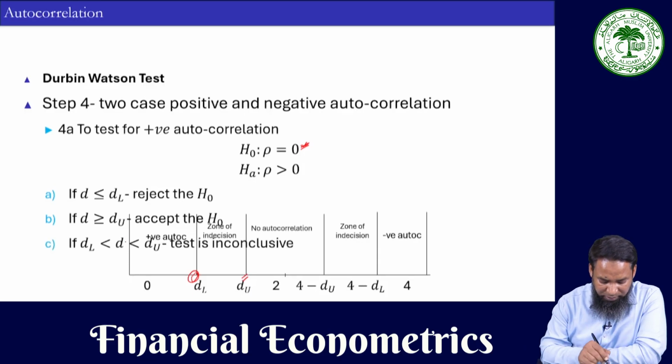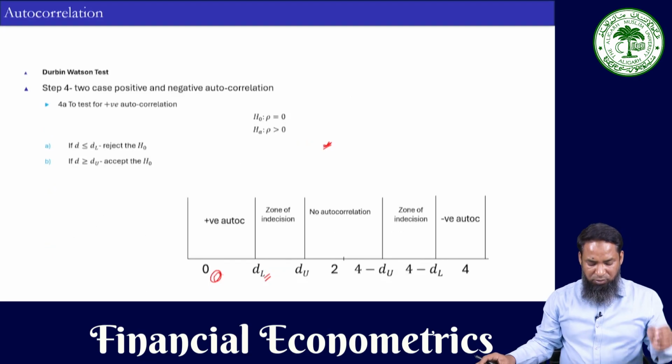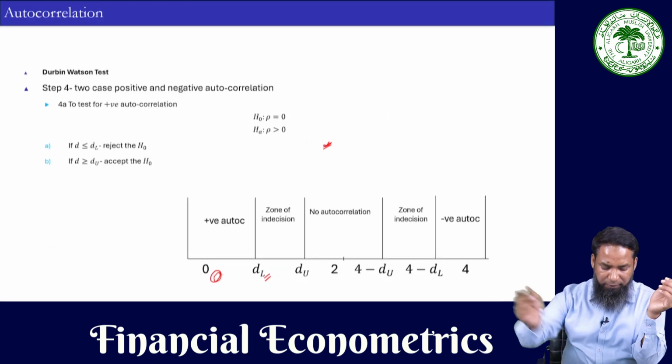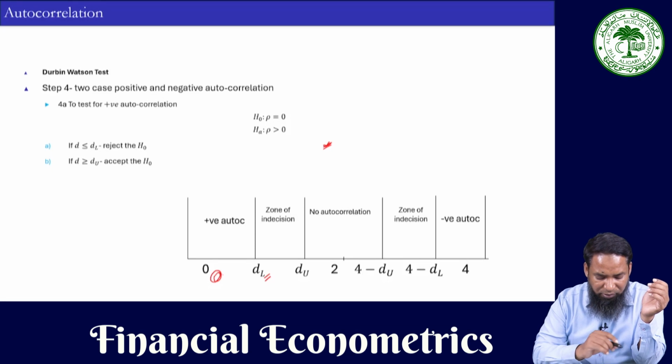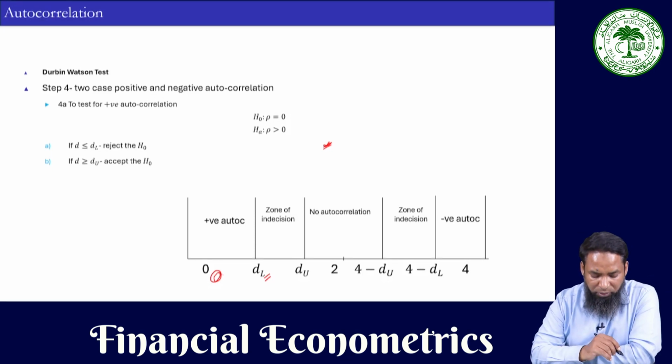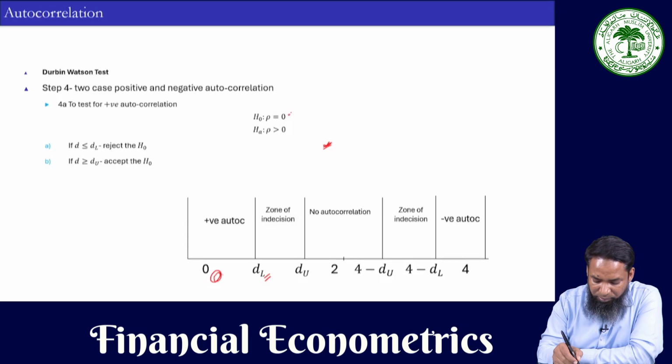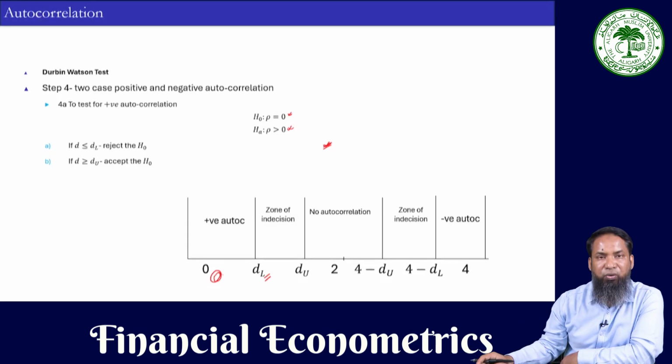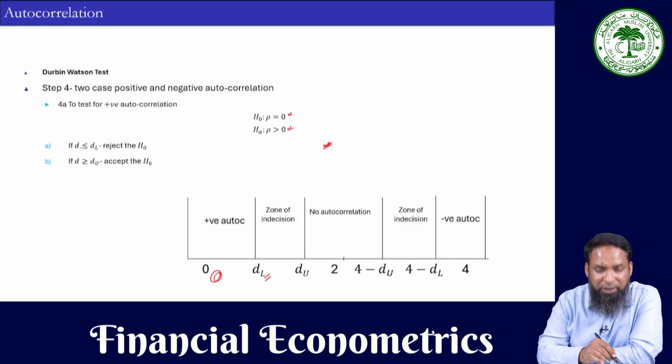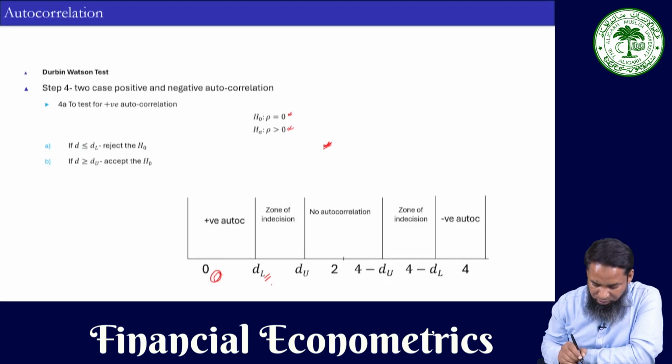So here we can observe that in the first case, testing for positive autocorrelation, we have the null hypothesis rho equal to 0, and the alternative is rho greater than 0. If the calculated d statistic is less than or equal to dL, then reject the null, that means there is positive autocorrelation.